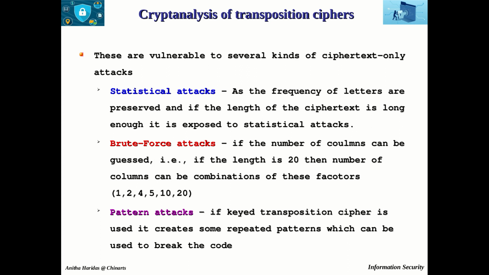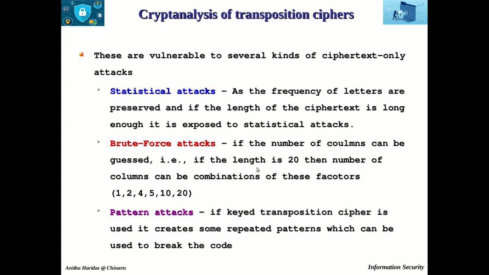Another thing is the brute force attack, where the number of columns can be guessed. If the length is 20, then the number of columns can be a combination of its factors, right? So if the number of columns can be guessed by the attacker, then your transposition cipher is exposed to brute force attack.